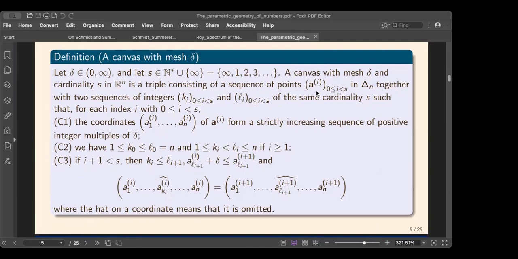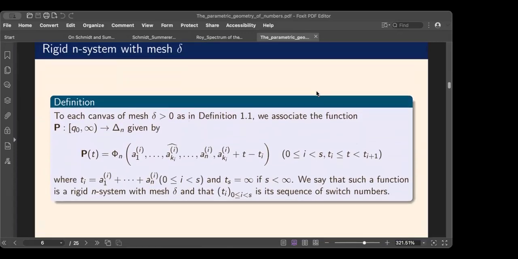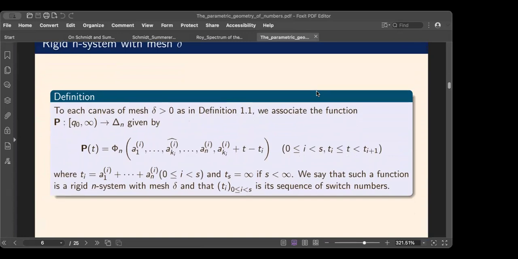Corresponding to the rigid n-system, it means in each linear segment, there is only one function with slope 1 and n minus 1 functions with slope 0. Here is the definition of rigid n-system with mesh delta.